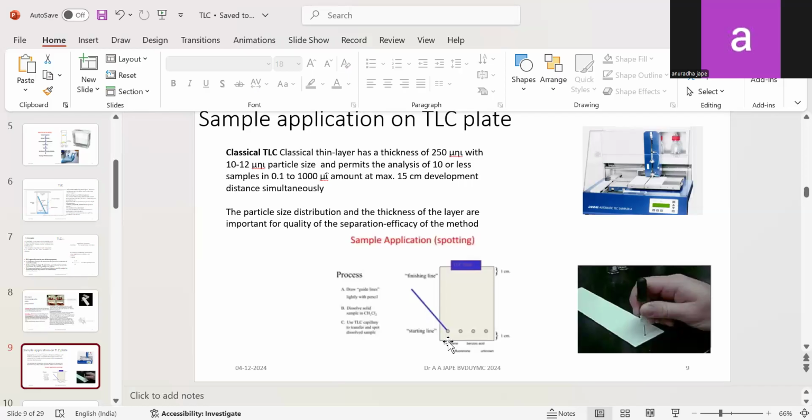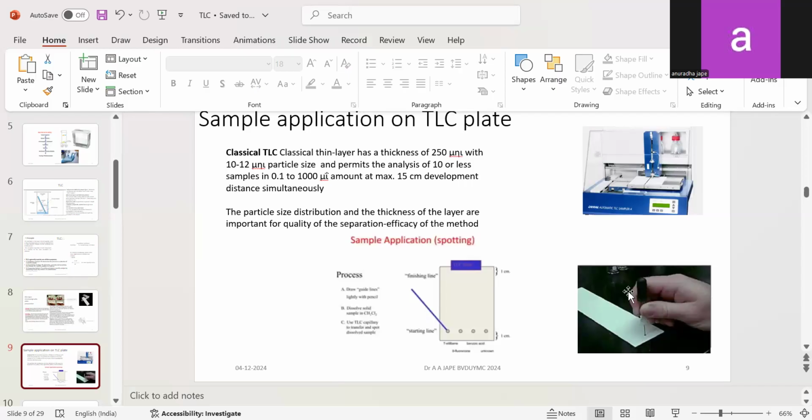It should not exceed 1000 microliters, because if the drop spreads, the spots will get intermixed, and also separation will not be good. Of course, for application, automated applicators are also available, which hold a defined amount of the analyte sample mixture at a time, and a very precise quantity of the sample can be released onto the TLC plates.